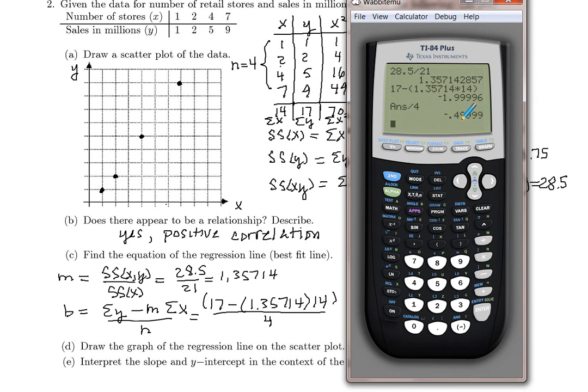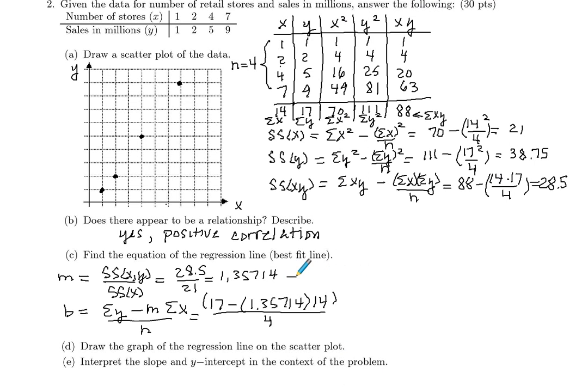So negative 0.49999. Okay, so now we can go ahead and round here. Round to 2 decimal places. So it looks like negative 0.5 to 2 decimal places. So m will be approximately 1.36, and b will be approximately negative 0.5.